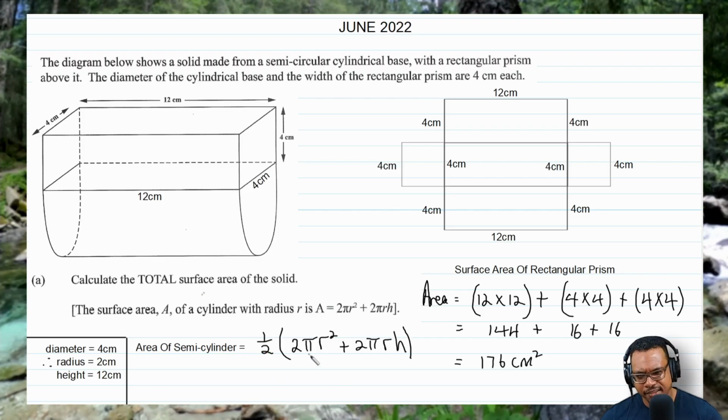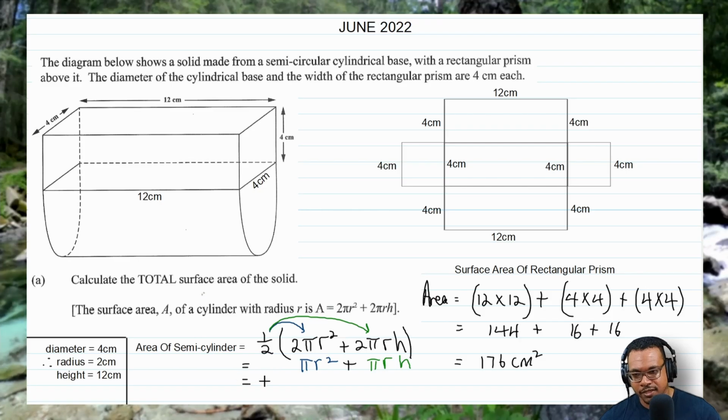When you multiply half times 2 pi r squared, half of 2 is 1, so you just get pi r squared. And when you multiply half by 2 pi r h, half of 2 gives you 1, so you just end up with pi r h. So the formula becomes pi r squared plus pi r h.